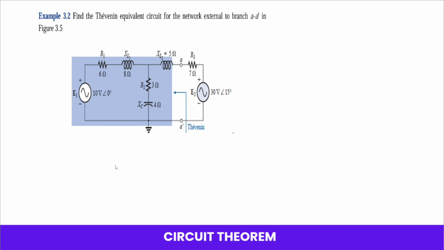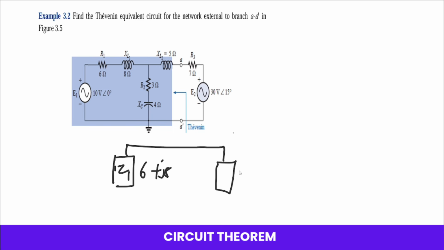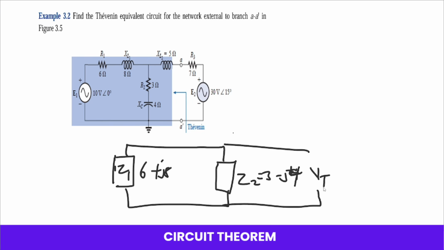So this is a voltage source, so it becomes short circuited, and then we can represent that side by the impedance alone, 6 plus J8. So Z1 is there, and then we'll have the other one, Z2, given by 3 minus J4. Now this is going to be our VTH. Don't forget we had another inductance there, J5.